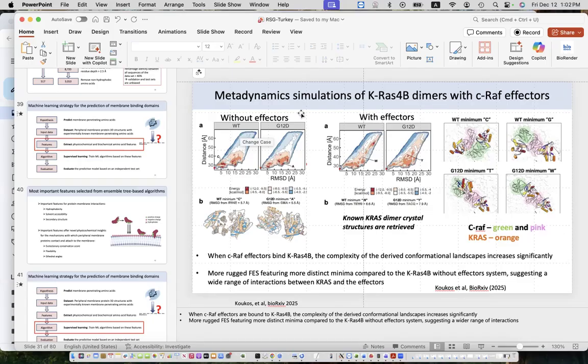We are still investigating this issue, but the mutants can have multiple effects, which is, in my opinion, different in every case. They can produce conformational changes, they can produce more stable interfaces, maybe they produce more stable protein-membrane interactions. So you really have to look into what's going on.